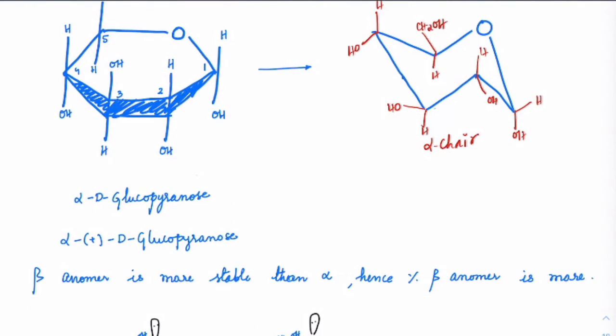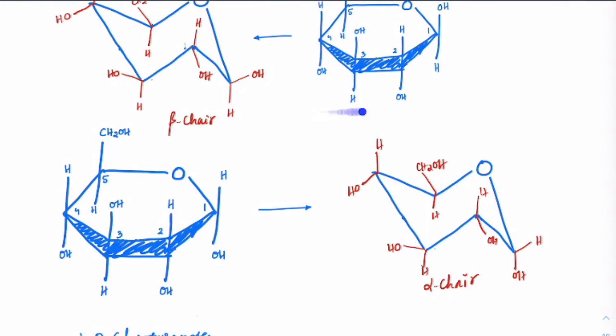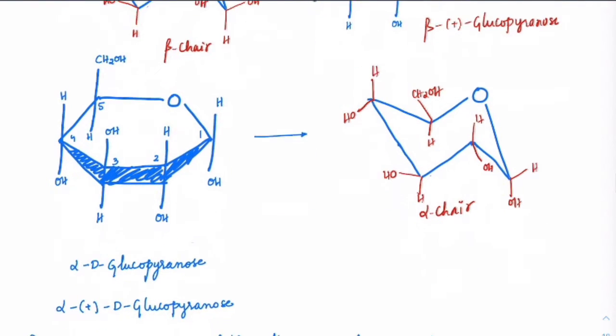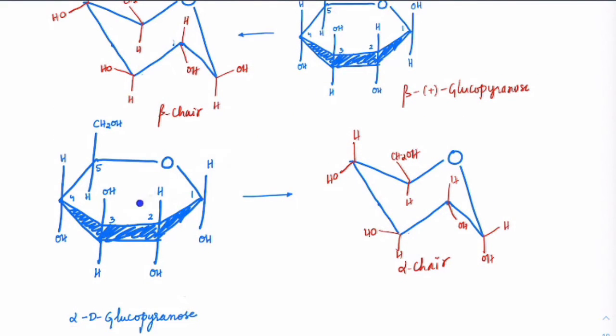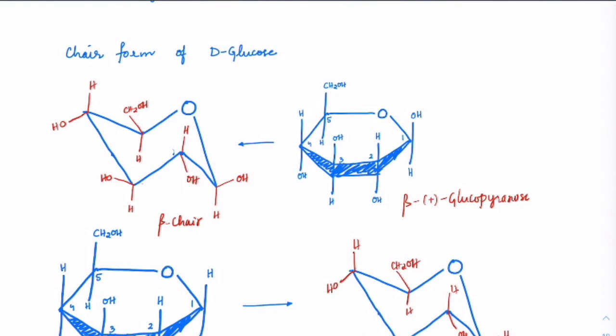I told you one thing, that either you write the beta form, which is beta D glucopyranose, or alpha D glucopyranose. In both of these cases, if you consider the stability, the Haworth projection doesn't explain anything about stability, but the chair form helps us to understand the stability. Now in the beta position, observe carefully everyone.